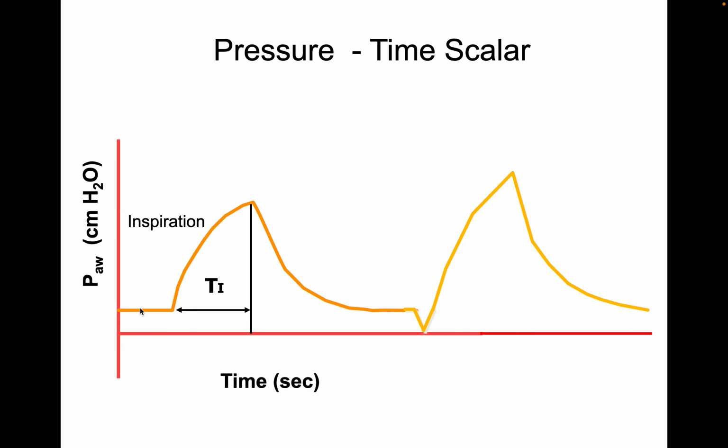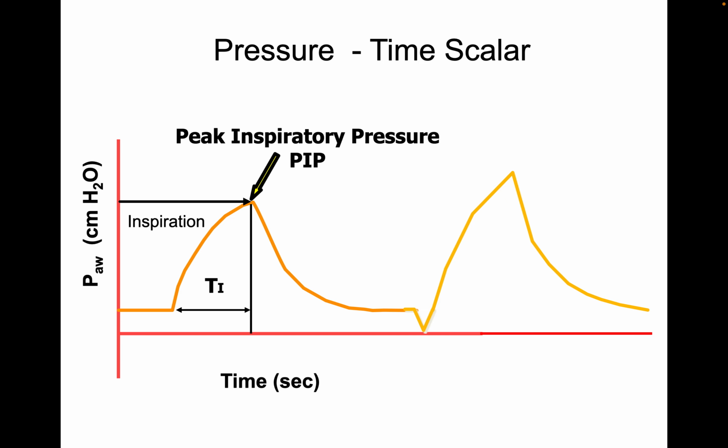The initiation of inspiration above the baseline is probably because of the PEEP. Looking at this, the highest point of the pressure generated is the peak inspiratory pressure. This is the expiration before the start of the new inspiration, and as I said, this is the PEEP.